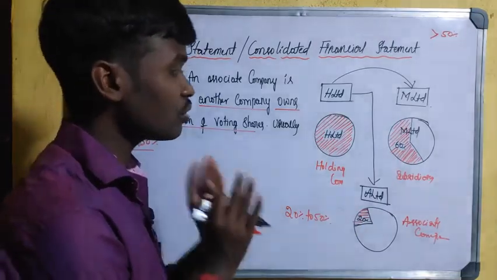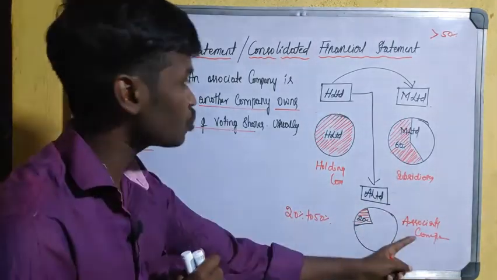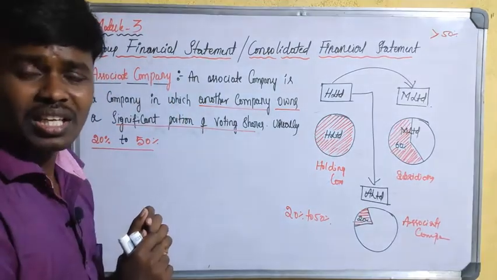Okay, so these are the differences between holding company, associate company and subsidiary company.